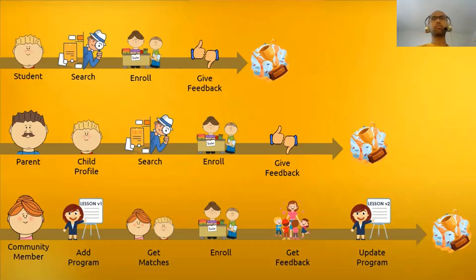And for community members, it serves as a way to improve their lessons, to get good matches of students who are really interested in their courses, and then get feedback from them, which is the crucial part that we focused upon, which allows us to get both data and feedback at the same time, which I think is a good thing, because we do not have enough data as of right now.